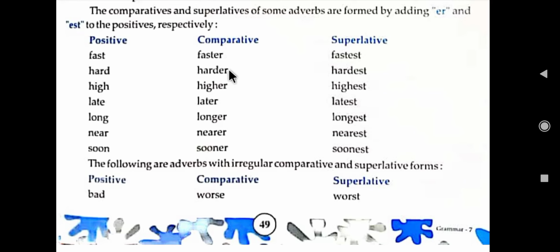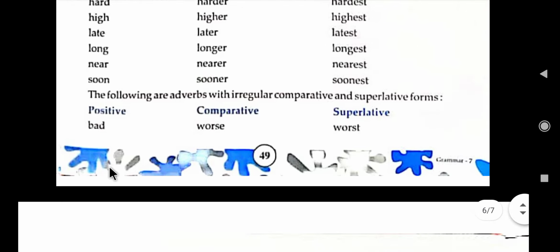We never use more hard, most hard. High, higher, highest. Late, later, latest. Long, longer, longest. Near, nearer, nearest. Soon, sooner, soonest. We never use more soon, most soon. Clear?